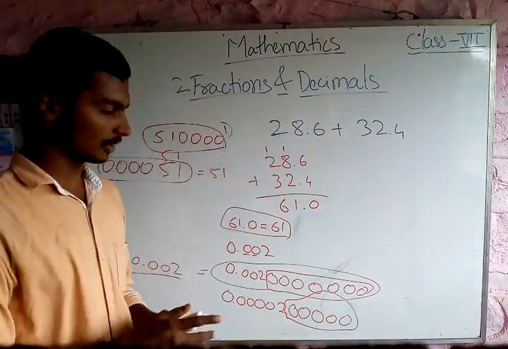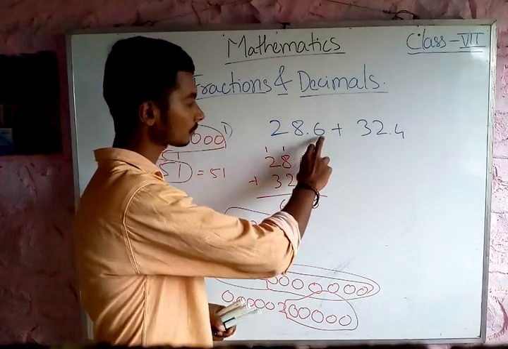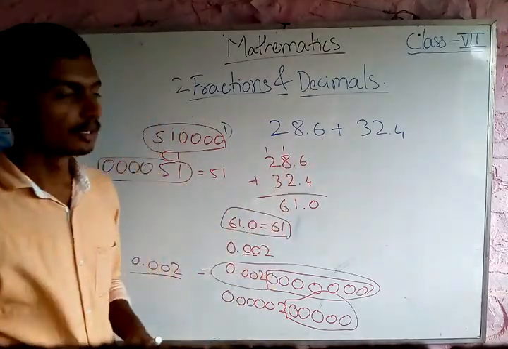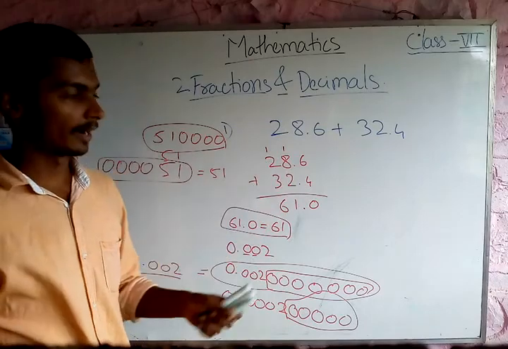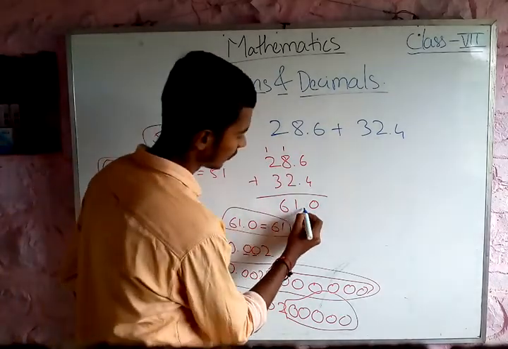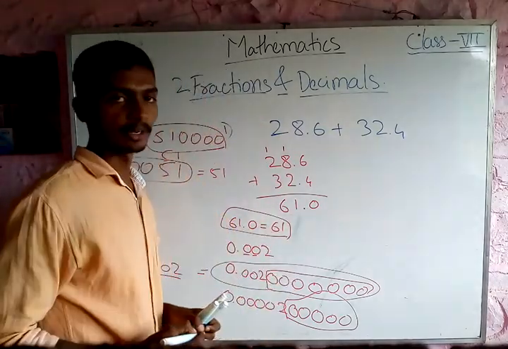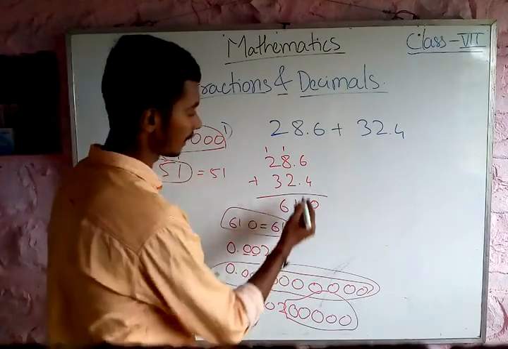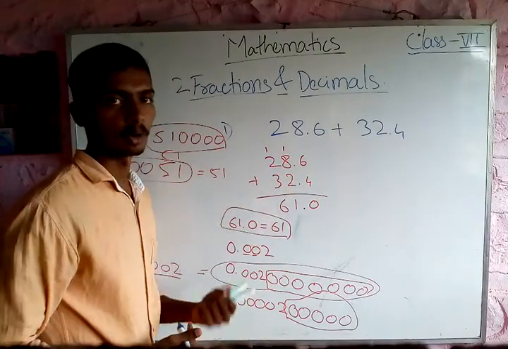In this case we saw how to add them, and in the result the decimal point must be in the same place as in the given operands.